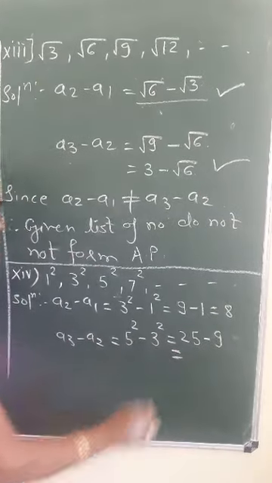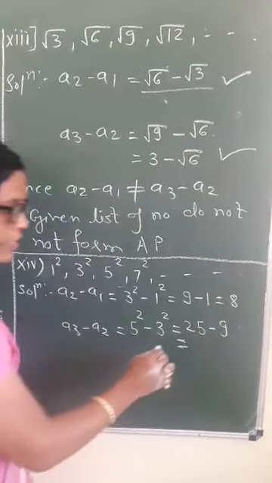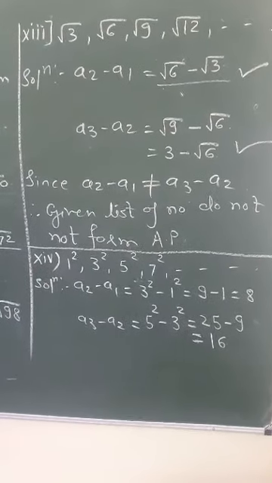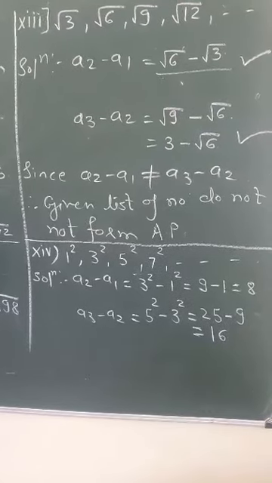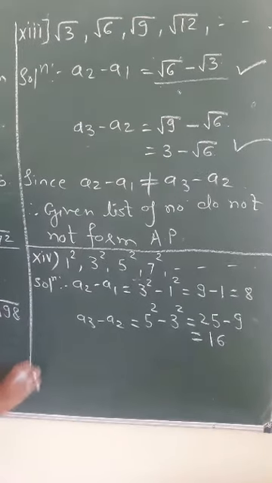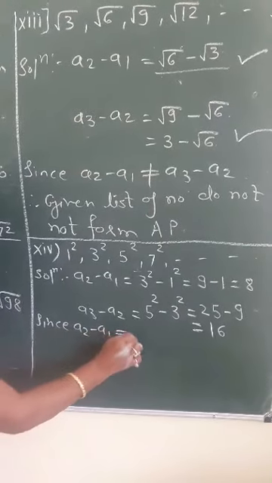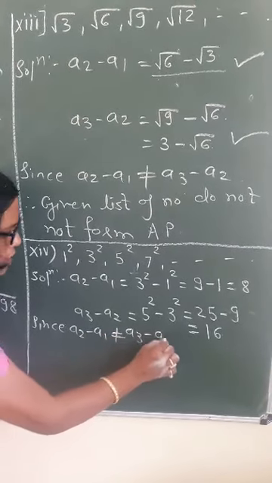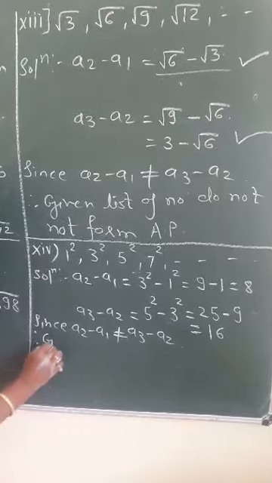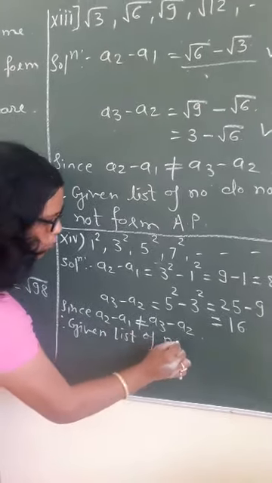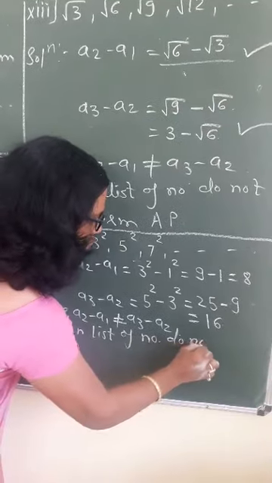So what we will get here, 25 minus 9 is nothing but 16. Are you finding 8 and 16 equal? Means no. Here we will say since A2 minus A1 is not equal to A3 minus A2, therefore the given list of numbers do not form an AP.